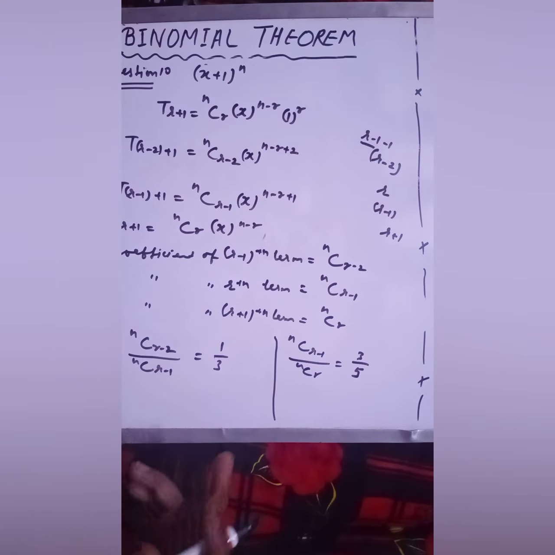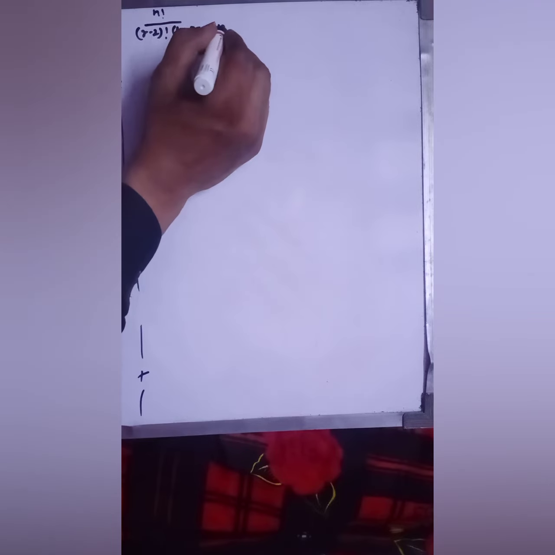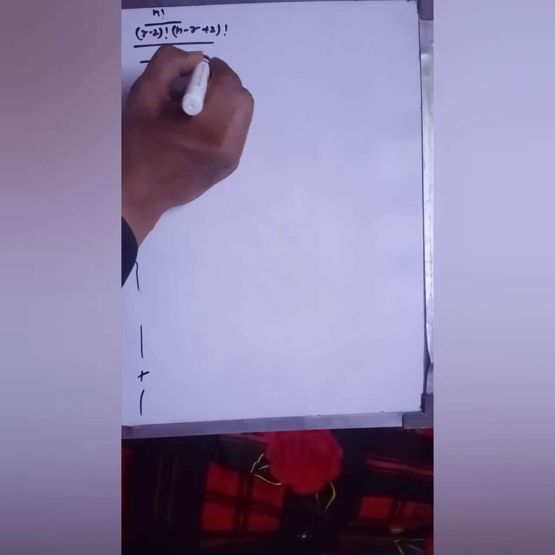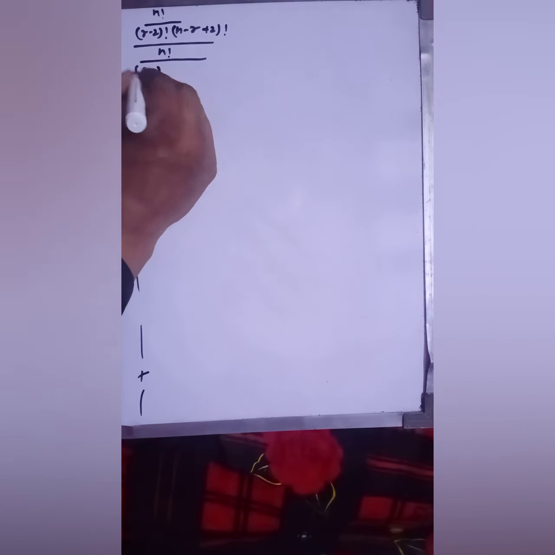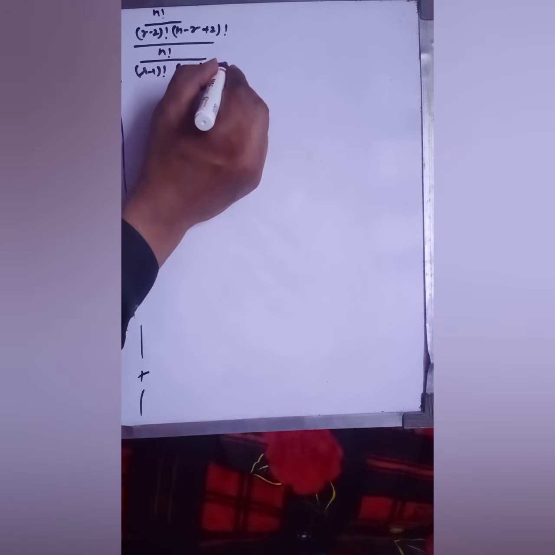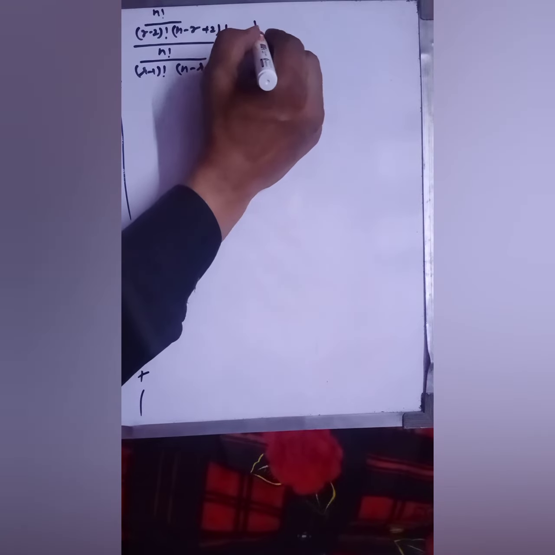Okay, so I'm solving it on the next page, so try to concentrate here. Fine. So in numerator this would be n factorial over (r minus 2) factorial, (n minus r plus 2) factorial, over n factorial over (r minus 1) factorial, (n minus r plus 1) factorial, that is equals to 1 by 3.